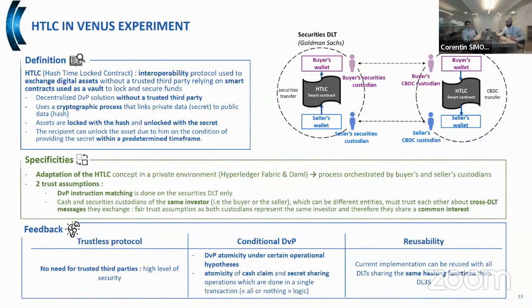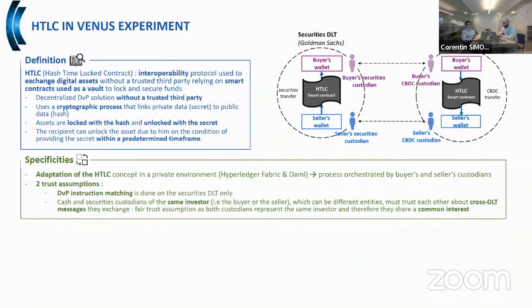I will explain in more detail what happens on the next slide, but it is important to note right now that the buyer's securities and buyer's CBDC custodians on the one hand, and the seller's securities and seller's CBDC custodians on the other hand, exchange messages to share DVP and HTLC related data between the two networks. And that's a communication between custodians of the same investor. So there is no cross-chain communication between the custodians of the buyer and the seller.